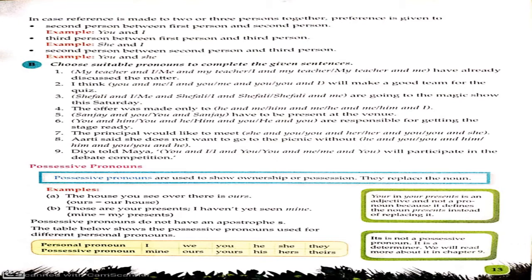Above we have stated the case references. In that, if the second person is before the first person, then it will be you and I. Next, third one. Shefali and I, me and Shefali, I and Shefali, Shefali and me.